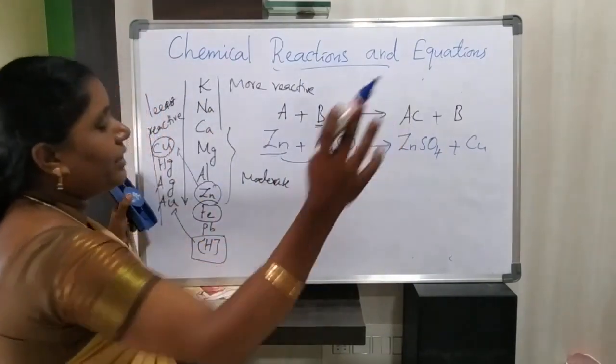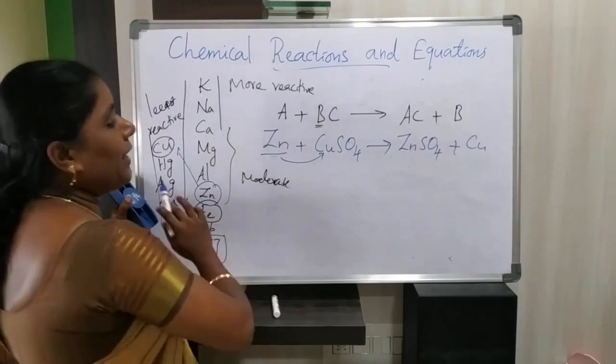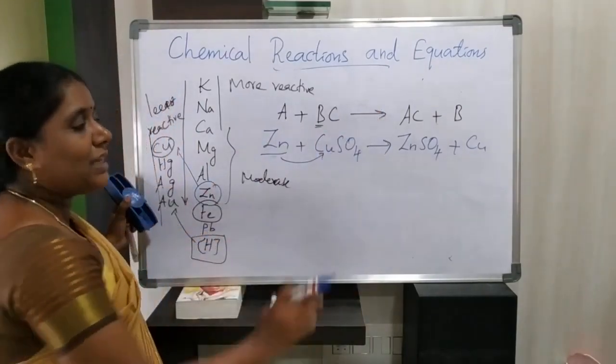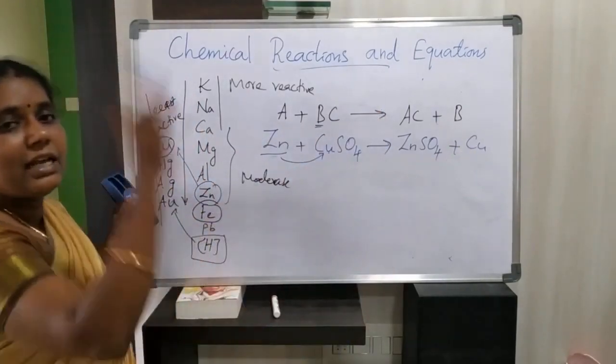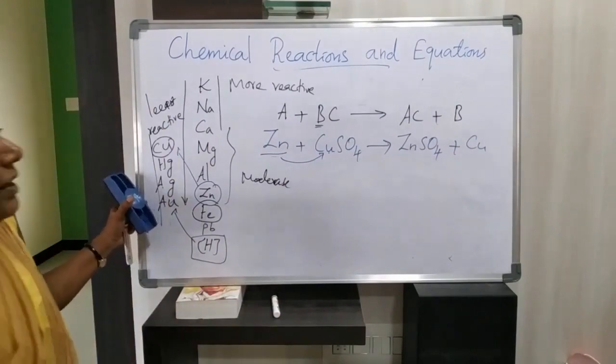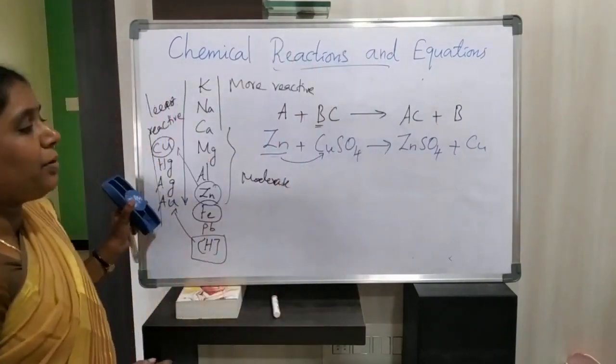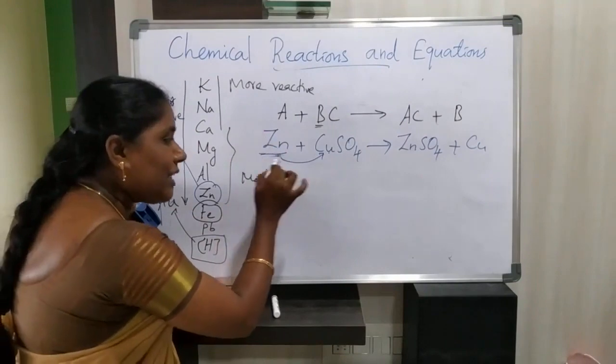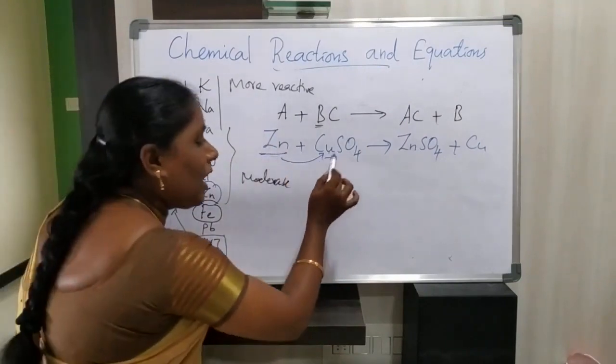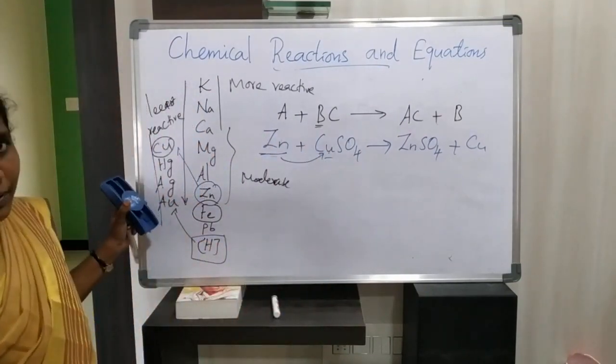So here also this displacement reaction takes place. A more reactive element displaces a less reactive element from its salt solution. So here zinc is the more reactive element and copper is the less reactive element.